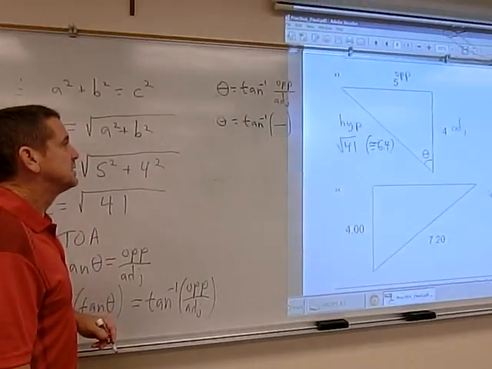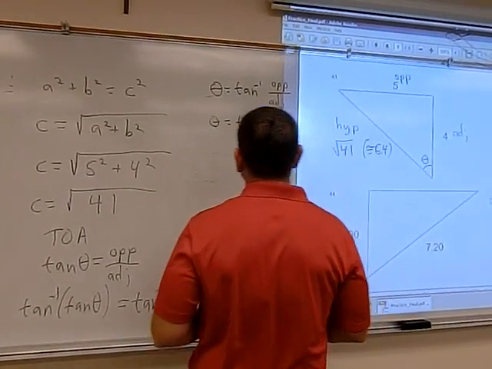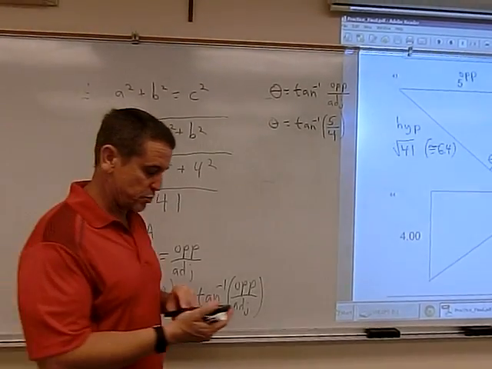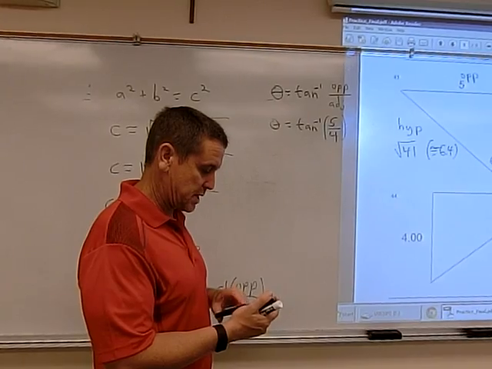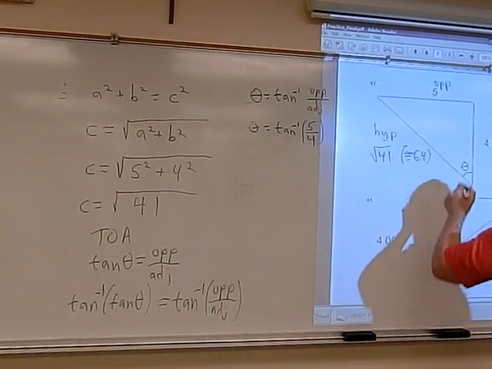Who's the opposite guy? The 5. So we got inverse tangent of 5 over 4. Now it's a calculator problem. Make sure your calculator's in degrees mode. Take the inverse tangent. We get 51.3 degrees.